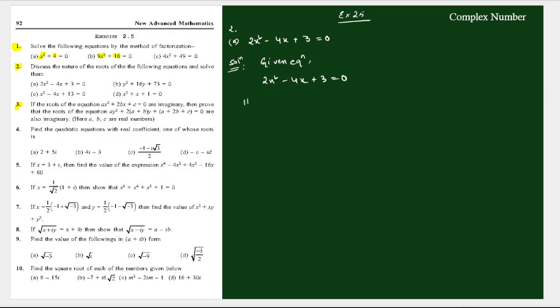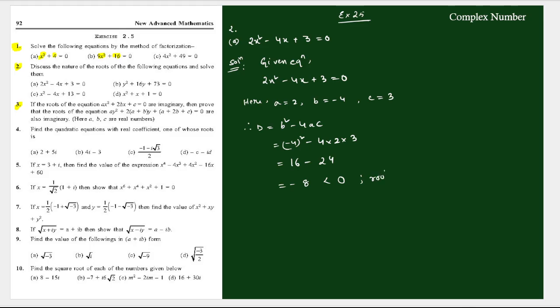So here a is 2, b is minus 4, c is 3. Therefore the discriminant D equals b square minus 4ac. So b square is minus 4 square, minus 4ac is 4 into 2 into 3. That is 16 minus 24, which is minus 8, so this is less than 0.